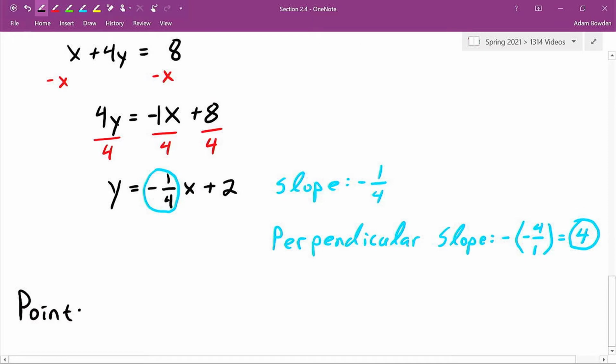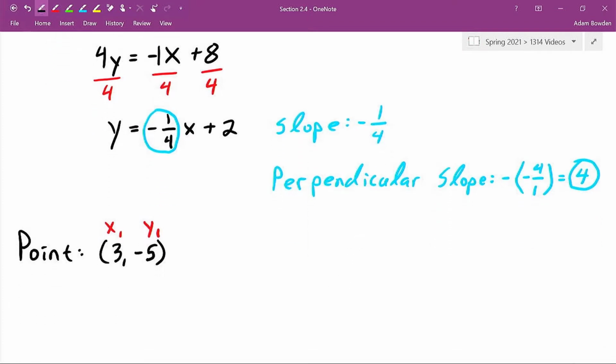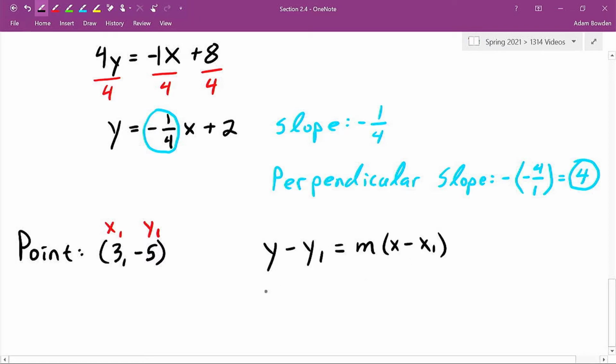The point that it says to use here is the (3, -5) point. So that'll be our x1 and our y1 to use with point-slope form. So y minus y1 equals m times (x minus x1). So y minus negative 5 equals 4, using our perpendicular slope, times (x minus 3).